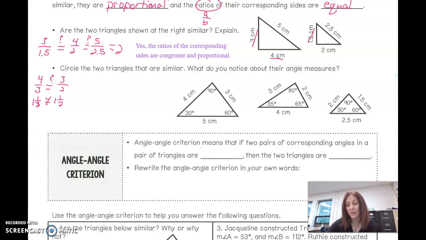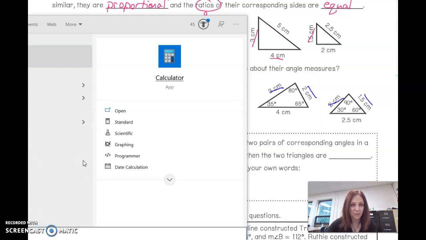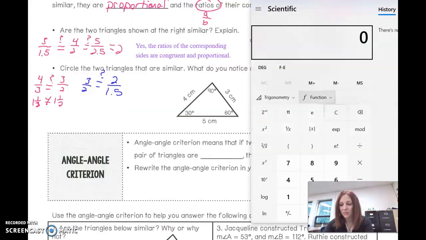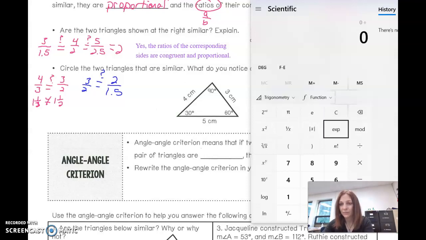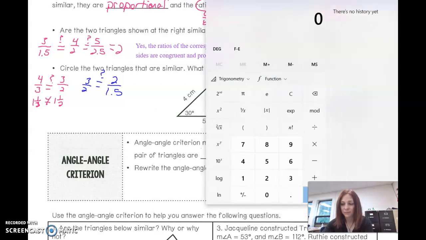Could it be maybe these two? 3 to 2, again, is that the same? If I'm talking about this 3 and this 2, is that the same as 2 to 1 1/2? Well, if I grab my calculator out here, 3 divided by 2 is... sorry, my calculator's a little off here.